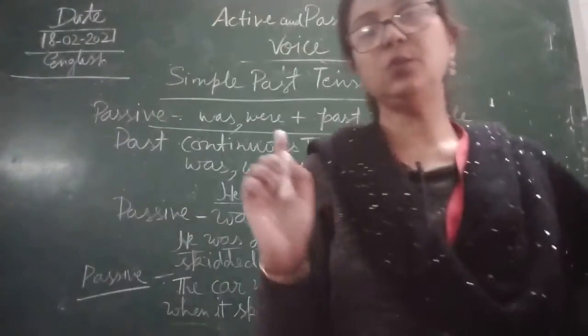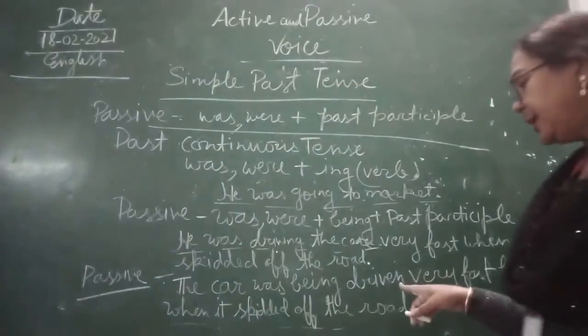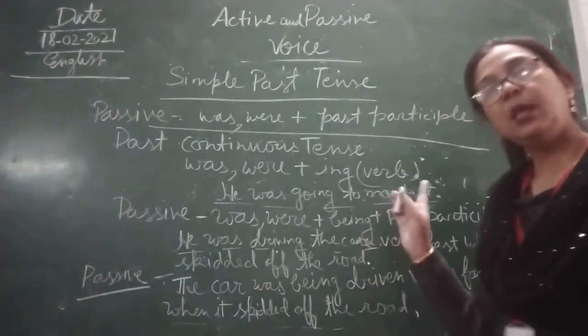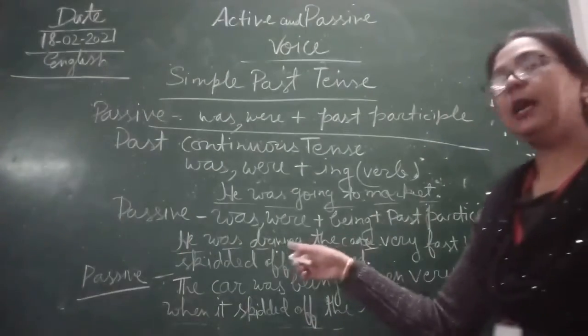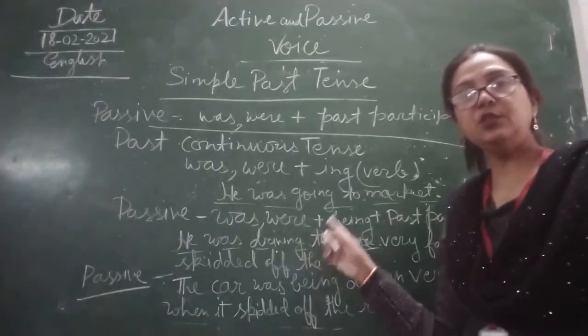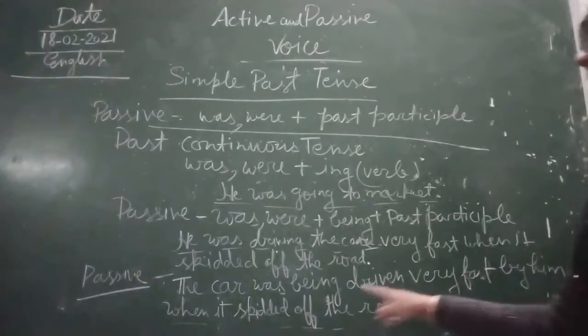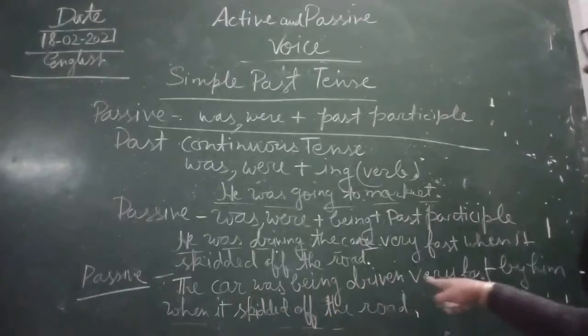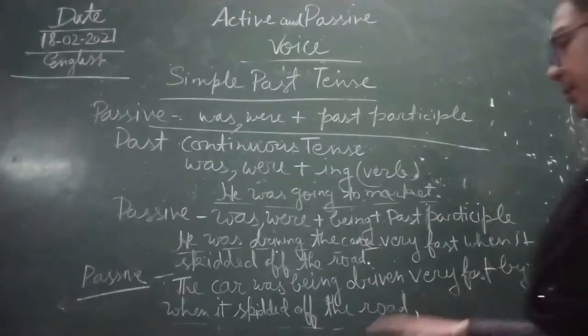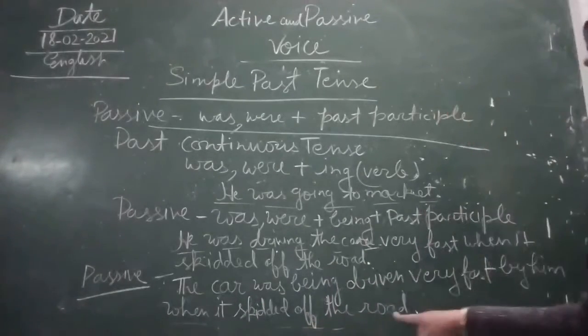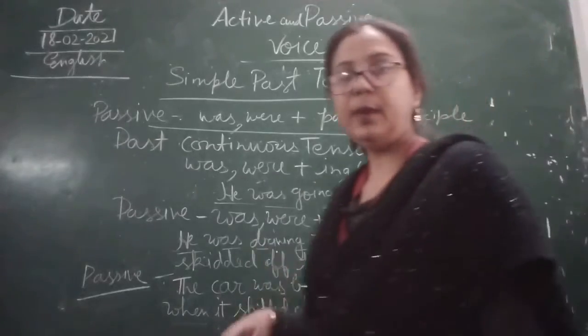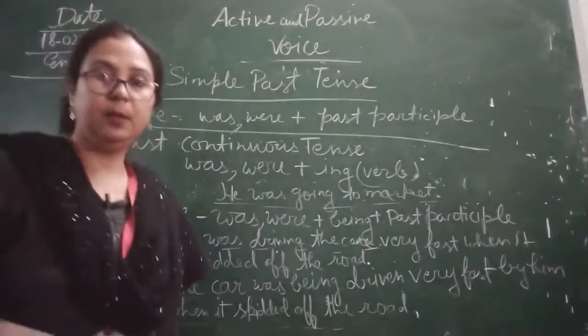We have changed only and only the past participle, because in active voice it is written in ing. So we have changed it to the past participle. The car was being driven very fast by him when it skidded off the road. Okay, so it is simple.